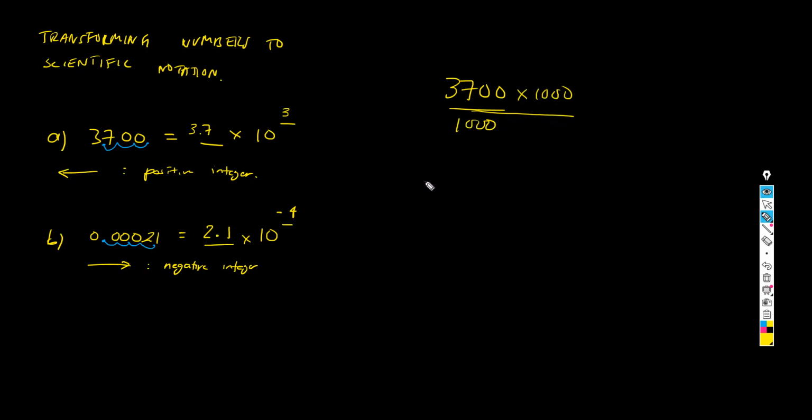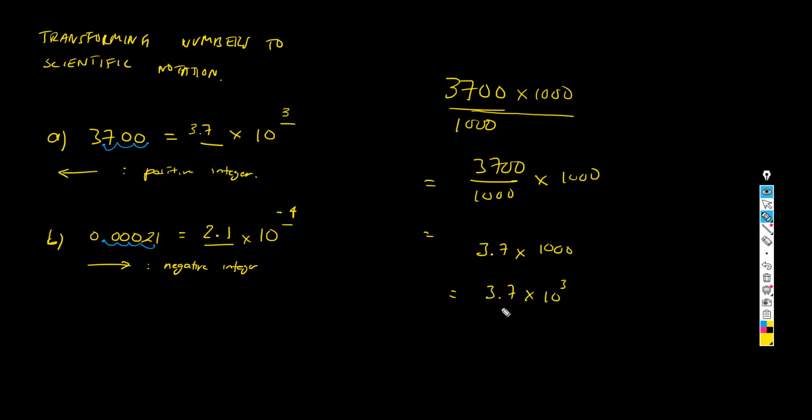Now, if I continue with some algebra, I can actually just do this: the division over 1,000 goes with this number, and then times 1,000. Now, how much is this? This is going to be 3.7 after you perform the division, and then you remain with this 1,000 here, and then finally you can just re-express 1,000 in exponential form, which will be just 10 to the 3.